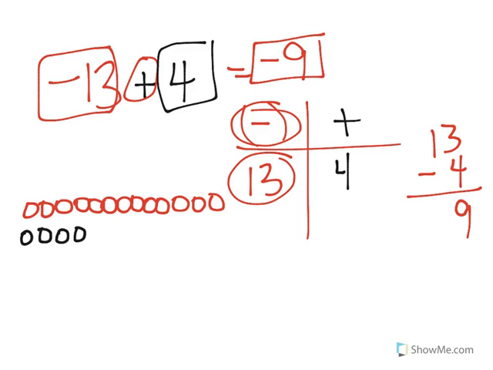And here I have 13 negatives, 4 positives. Zero pair, zero pair, zero pair, zero pair. Remember, a zero pair is when you have one positive and one negative, and they cancel each other out. Now, if you look here, I have 1, 2, 3, 4, 5, 6, 7, 8, 9 negatives. So you can use the pictures if you want, but it's way faster if you just use the scoreboard.